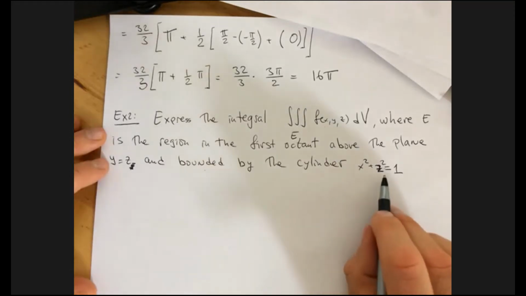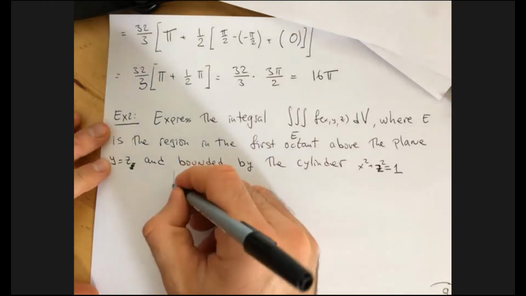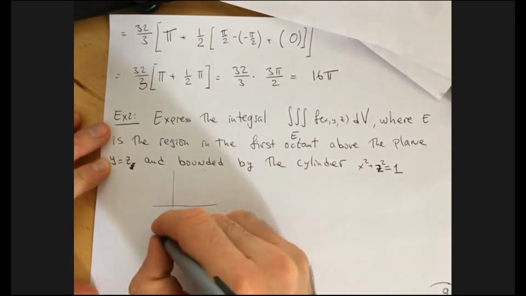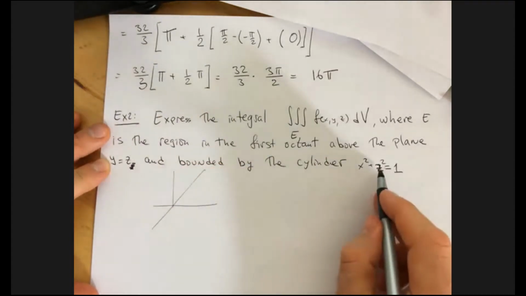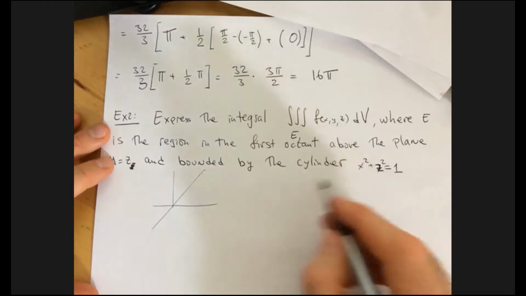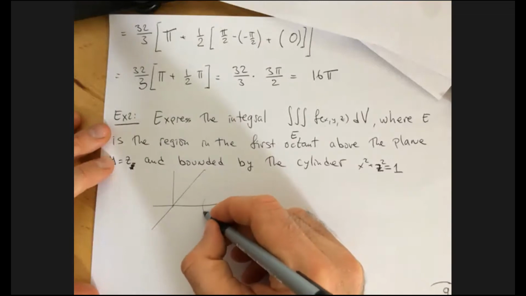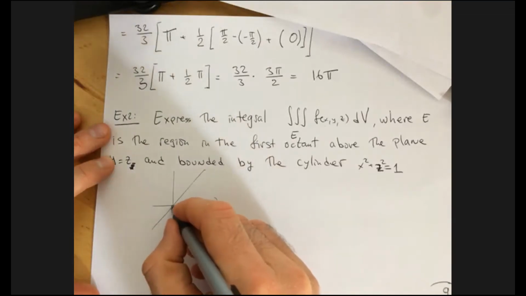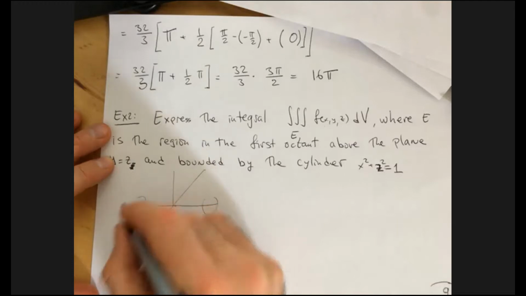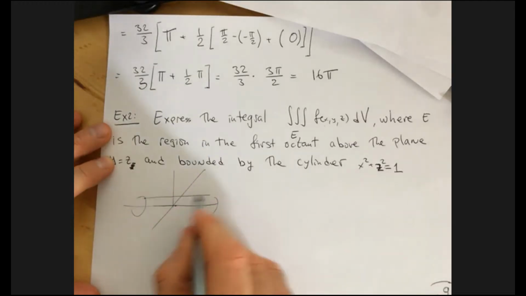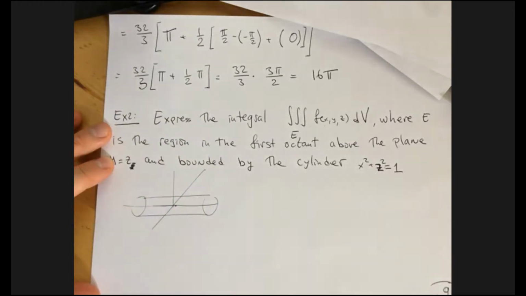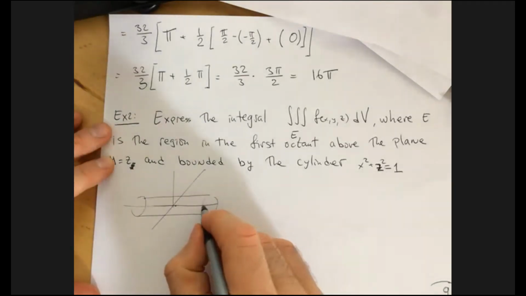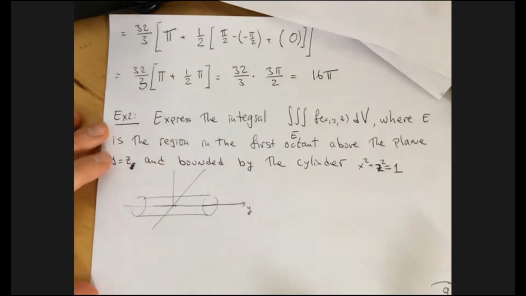So first of all, let's start with the cylinder here. So I have a cylinder x squared plus z squared equals 1. That means it's just going to be the cylinder right here, for any value of y.